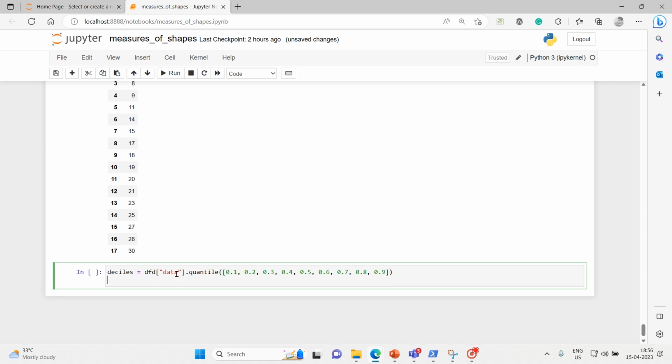Okay, so now let me print the deciles. Let me print deciles 10th percentile. 10th percentile is nothing but decile D1.